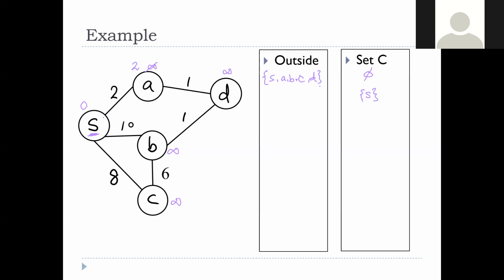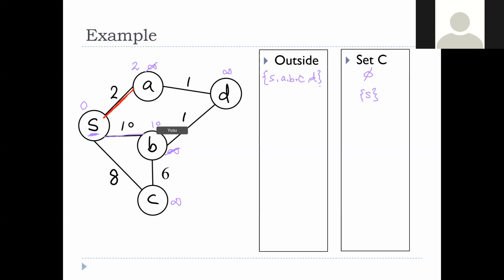Then I explore SB. Let's assume that for the neighbors of a node, we always explore in alphabetical order. So I should mark this edge that indicates a predecessor, from S to A, so S is the predecessor of A. Then we explore the edge SB, and this discovers a new way to reach B with distance 10.